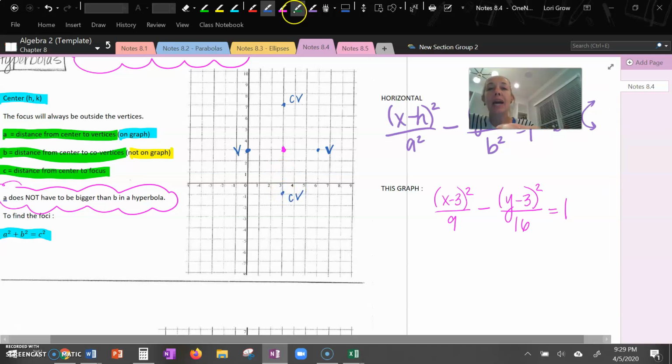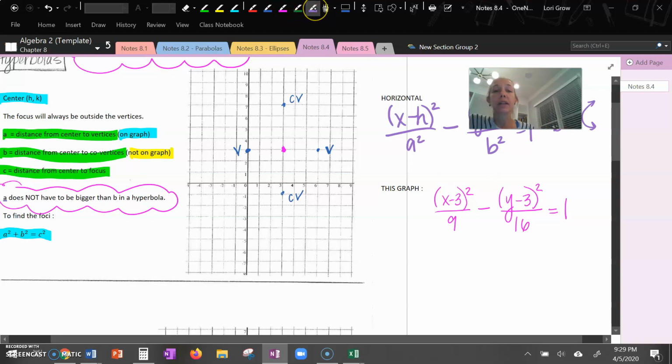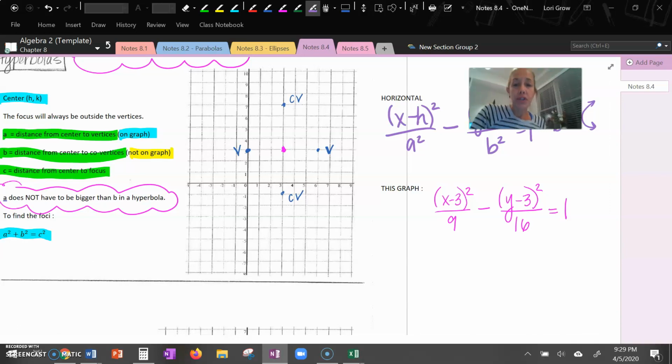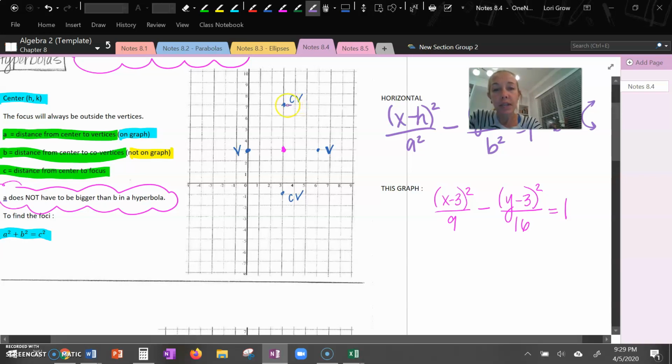Now it kind of looks like you've just created a little ellipse, but you are not going to draw this ellipse in. What you're instead going to do is notice that this is a rectangle, and what's really important about the rectangle are the corners of it. So if you were to sketch out a little rectangle with the co-vertices and vertices being the midpoints of the sides, it would look like this.